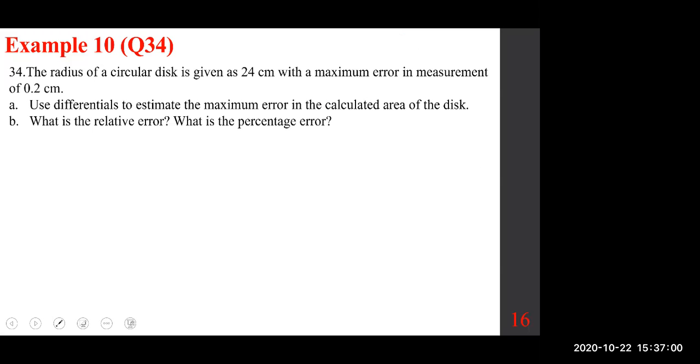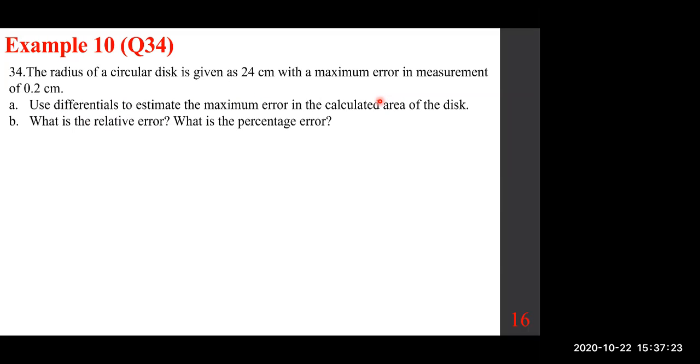Here's the next one. The radius of a circular disc is given as 24 centimeters, so that's the radius. The maximum error is 0.2. We want to use differentials to estimate the maximum error in the area, and then the relative error. We can completely ignore part B for now.